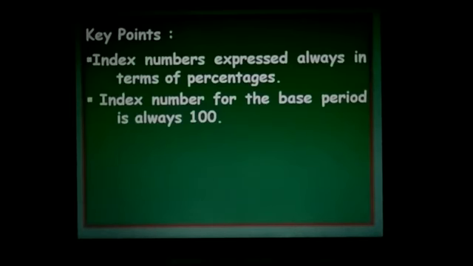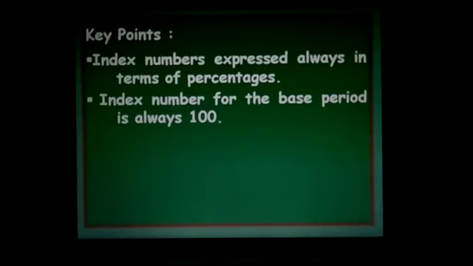For example, if we come across an index number in the current year, consider examples of Laspeyres', Paasche's, Dorbish Bowley's, Marshall Edgeworth's, Fisher's, Kelly's, whatsoever the index number, whether it is price or quantity, whatever it may be. Let me take an example like the price index number of Laspeyres. I am getting it as 150.